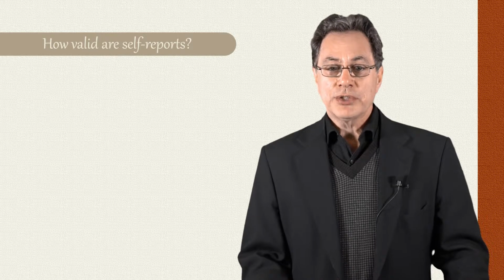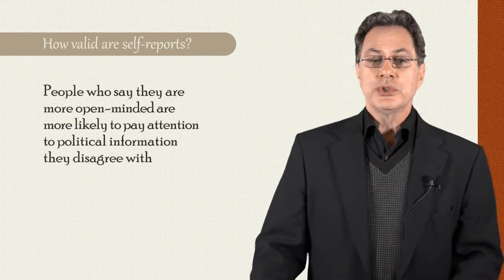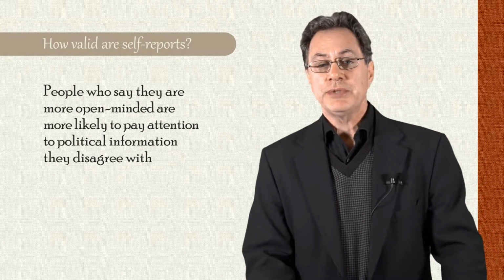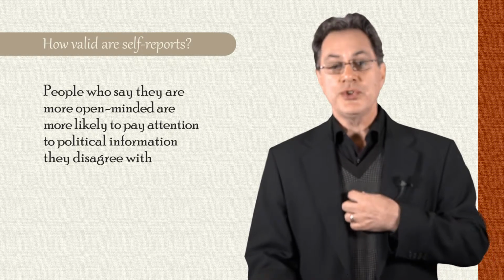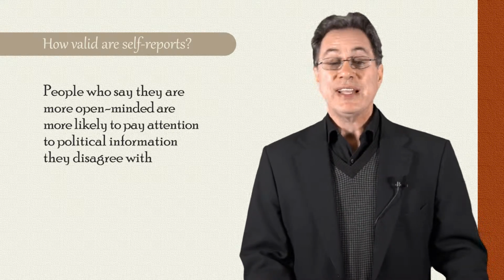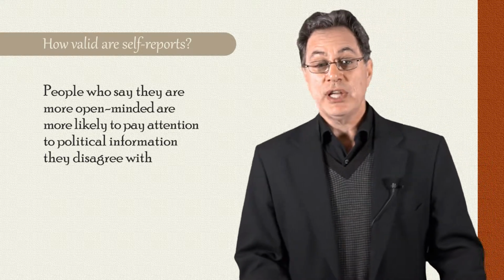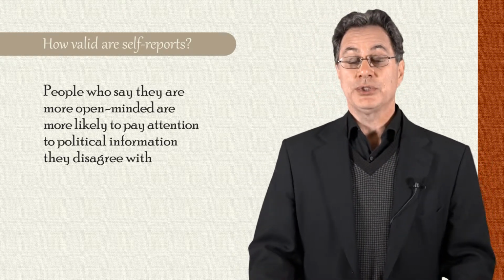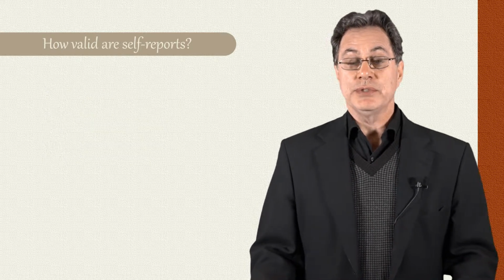And what we found in our experiment, the key findings supported this notion, which is that individuals who are high in situation-specific open-minded cognition are also more likely to pay attention to political information that contradicts their pre-existing political opinions. In fact, that correlation was a healthy 0.56 in our experiment. Exactly what do we mean by that? Well, there's two versions of this.